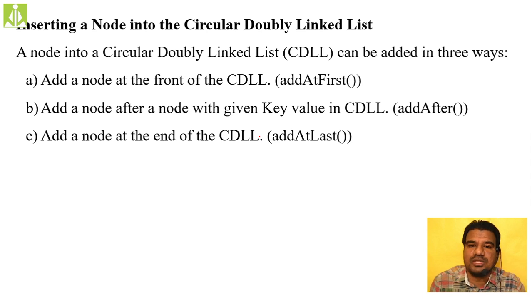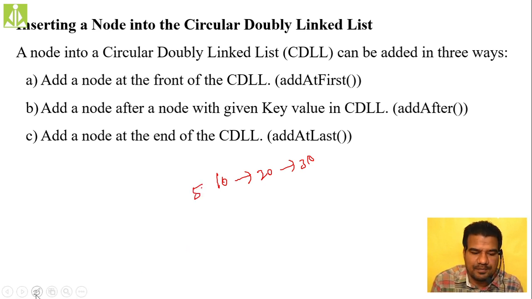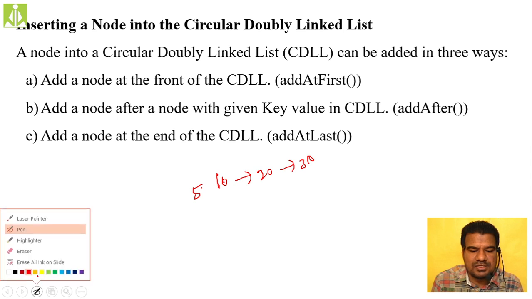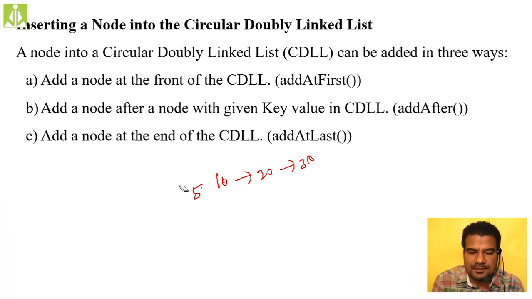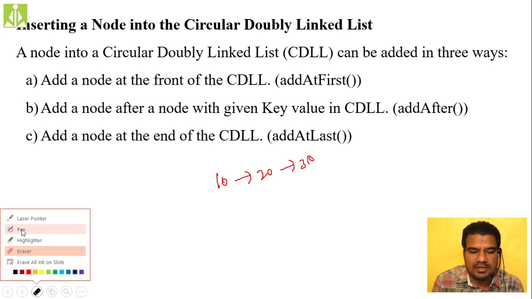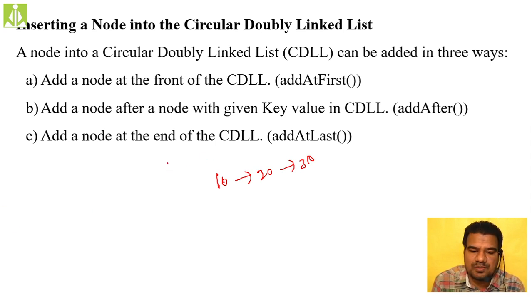So where do I have to put that? See, like this we have 10, then 20, then 30. So adding a node at the front means here at this location. And one more thing I forgot here: my list is like this, and my head is pointing here.